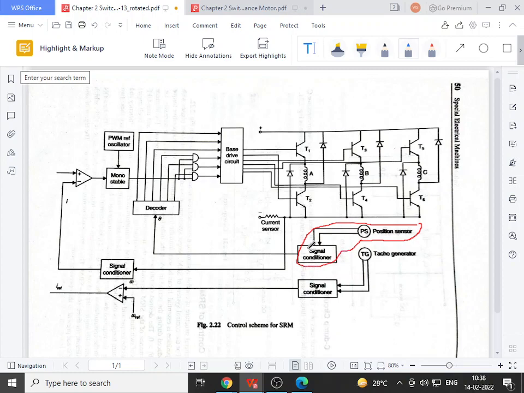So the signal conditioner at the output of this position sensor consists of amplifiers and filters. The filters remove unwanted noise in the sensor output, and the amplifiers increase its amplitude so that the output is useful for our further control circuitry.